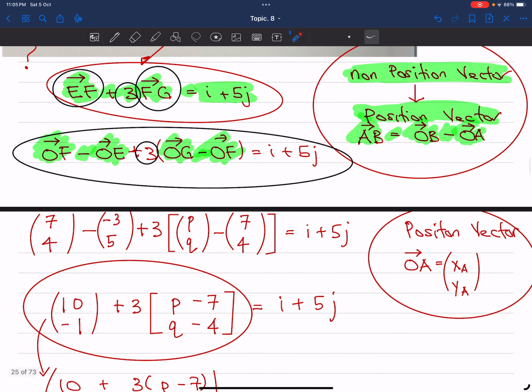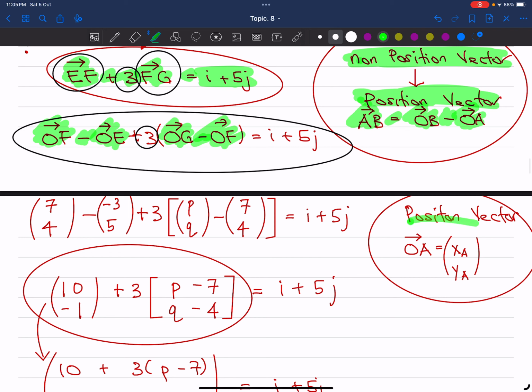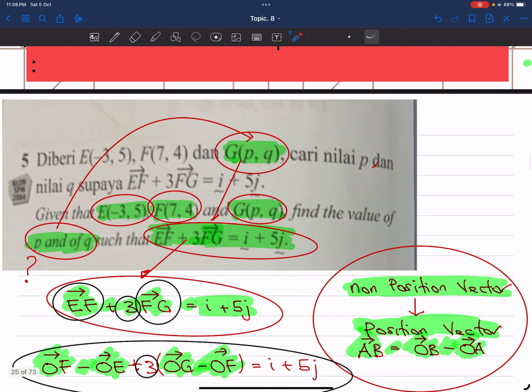And if you remember the notes, a position vector OA is the same as the coordinates of A. So here A has the coordinates xA and yA, and the position vector is the same as the coordinate of the point A, written in a column. So the position vector OF is the same as the coordinate of F, which is (7, 4).